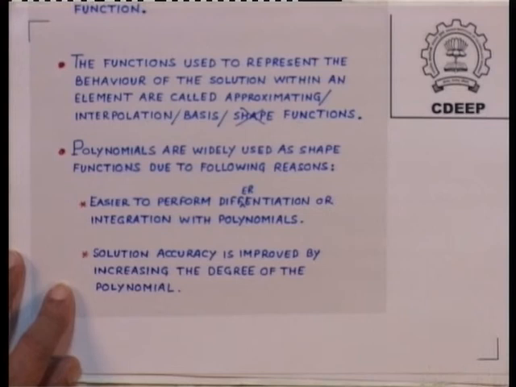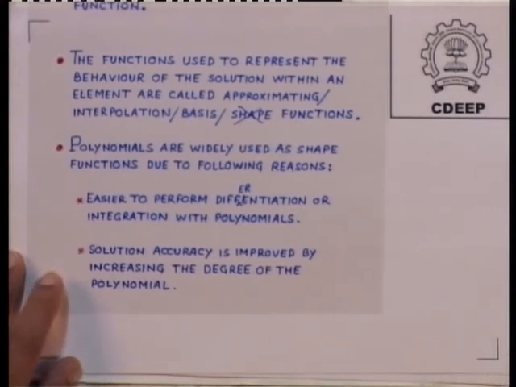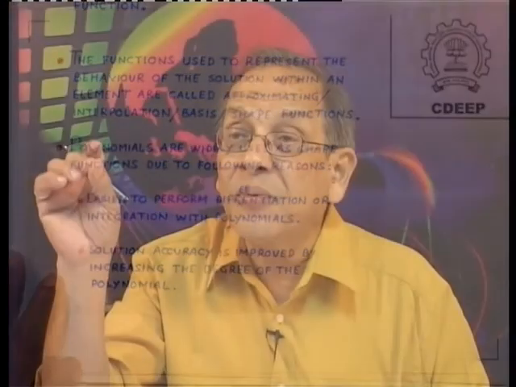Okay. If you write u equal to a plus bx, it is interpolation function, and if you write u equal to n1 into u1 plus n2 into u2, now n1 n2 will be the shape functions, but then the degree of these shape functions will be same as that of a plus bx. Okay, degree does not change.